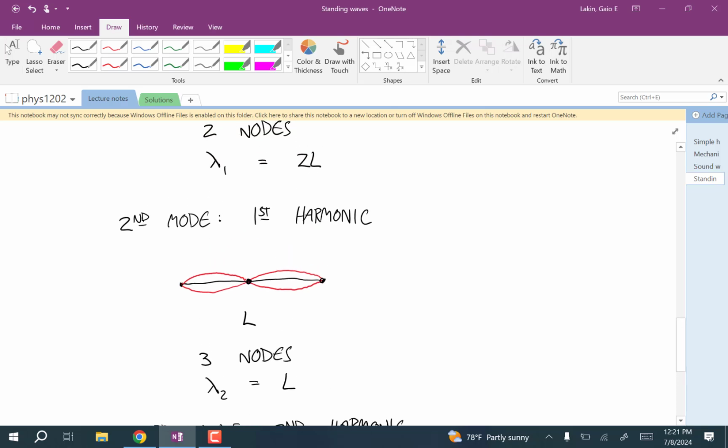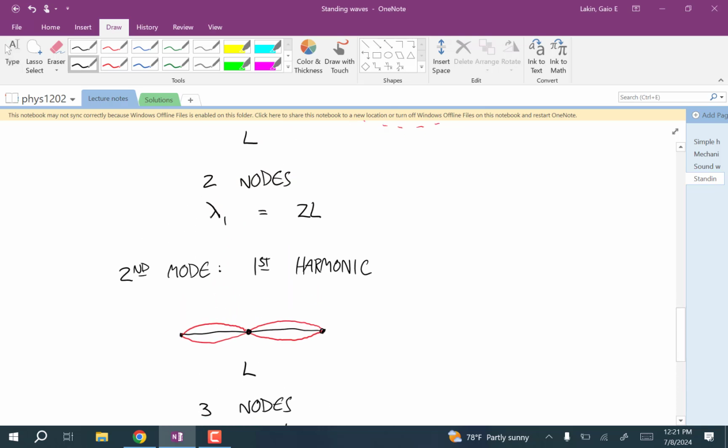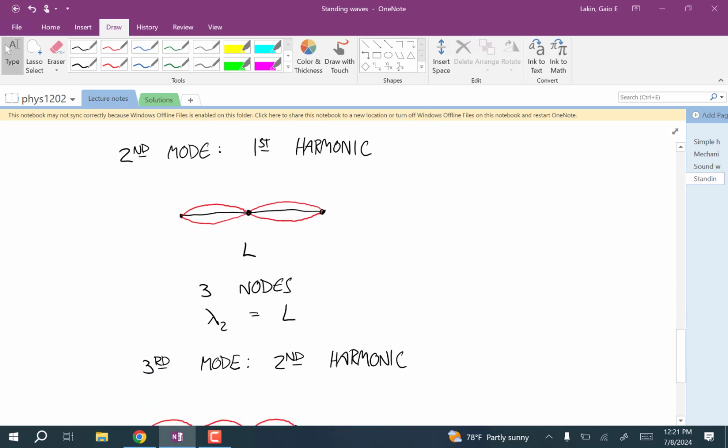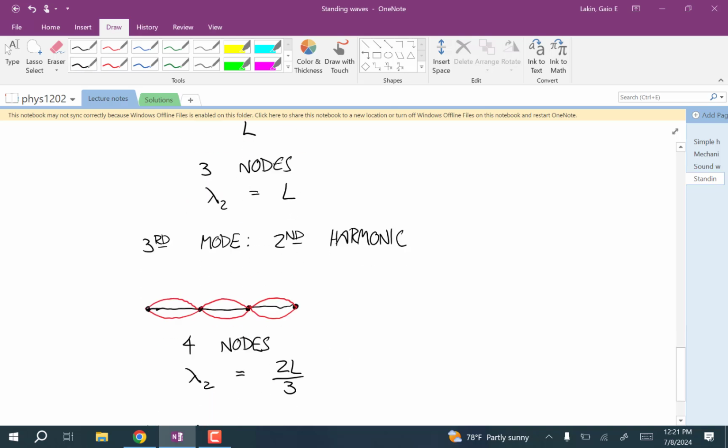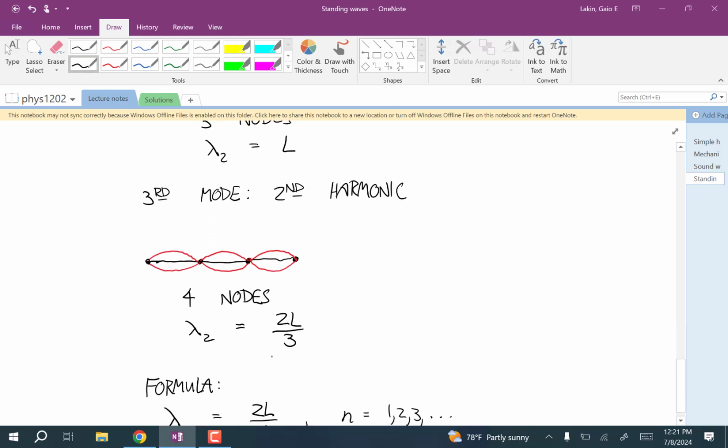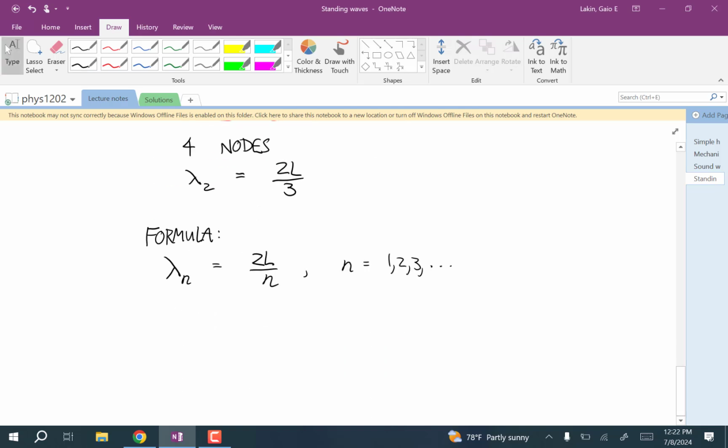And you can see that this works. The wavelength of the first mode is 2L over 1. The wavelength of the second mode is 2L over 2, which is just L. The wavelength of the third is 2L over 3, so that formula works.